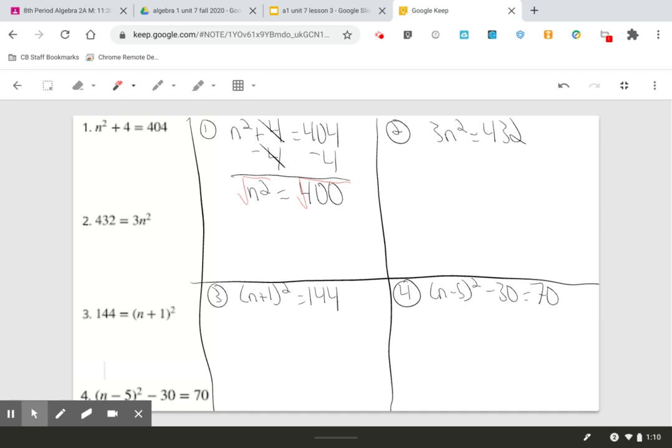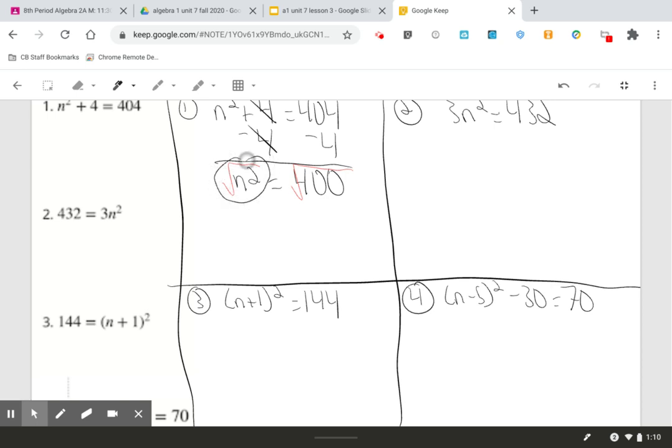Okay, so when you have opposite operations, they basically cancel each other out. So, for example, on this left-hand side here, the square root will essentially cancel out the squared, and we'll be left with just n.